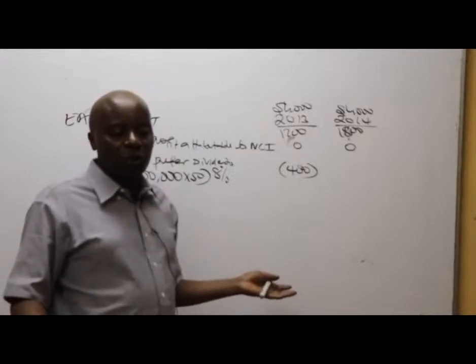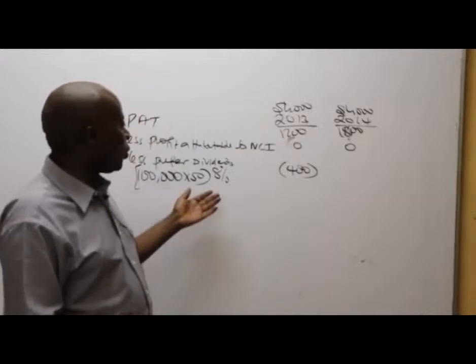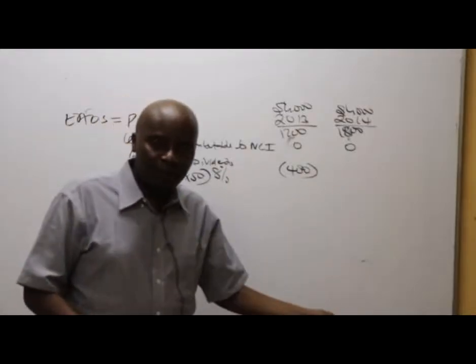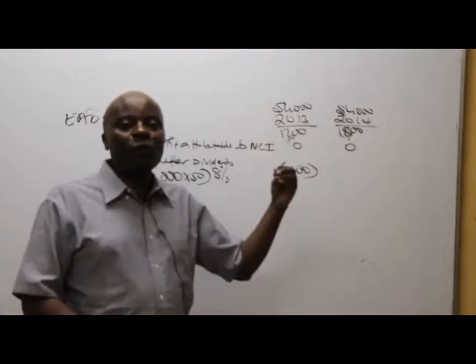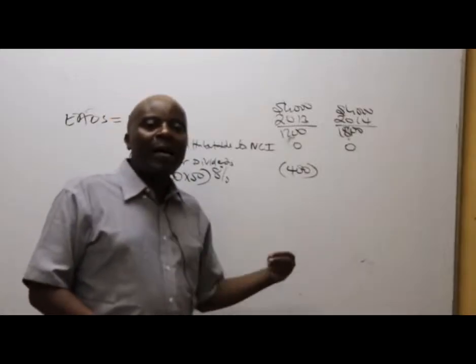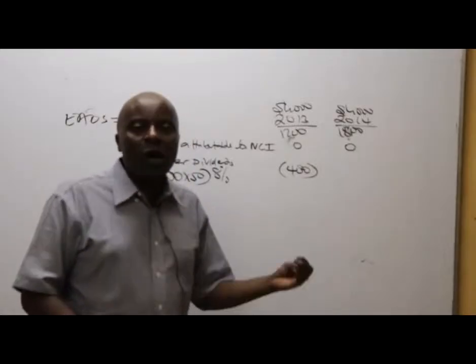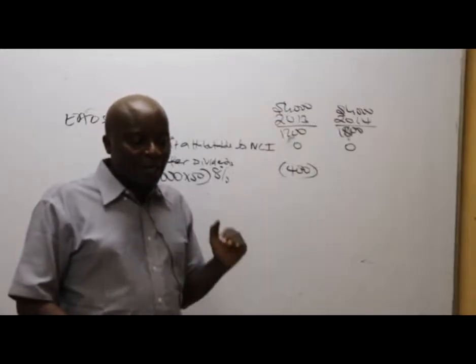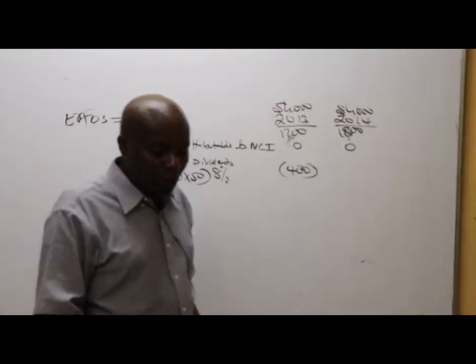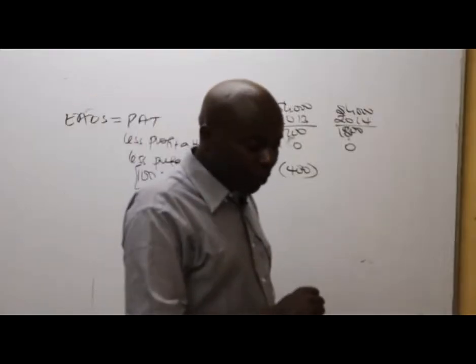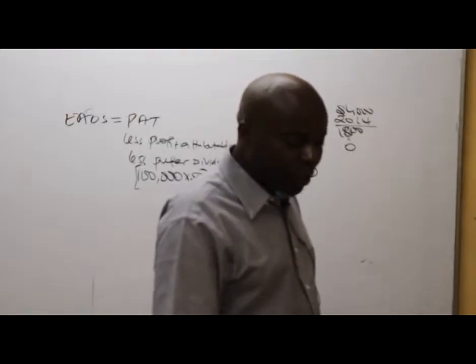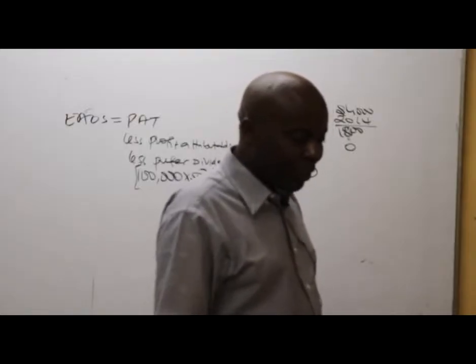At times they'll tell you that in 2014 more preference shares were issued, or that preference shares were redeemed. But here, ladies and gentlemen, they were convertible. Those issues of convertible will be affecting us at what stage?